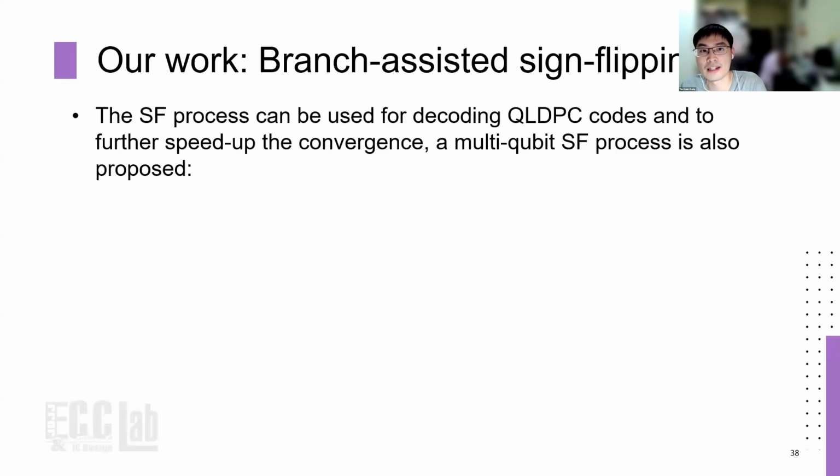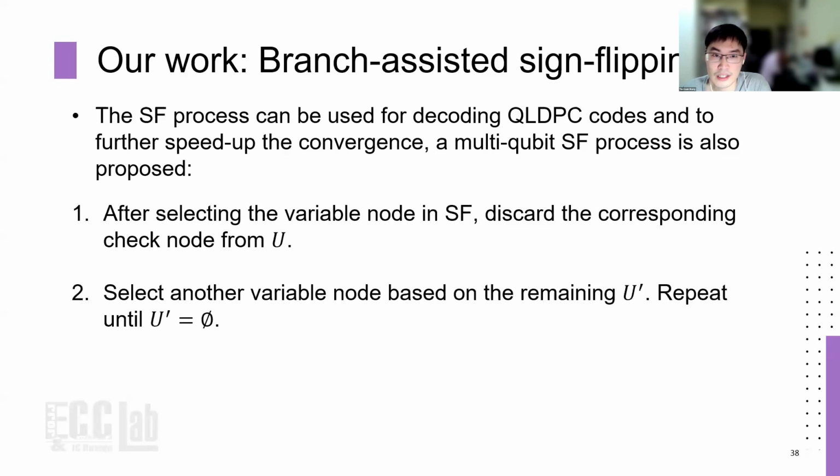We also found that the SF process can be used for decoding quantum LDPC codes. And to further speed up the convergence, we propose a multi-qubit side-flip process. The steps are: after selecting the variable node in SF, we discard the corresponding check nodes in U. Then we select another variable node based on the remaining U prime, and we repeat until U prime is empty.